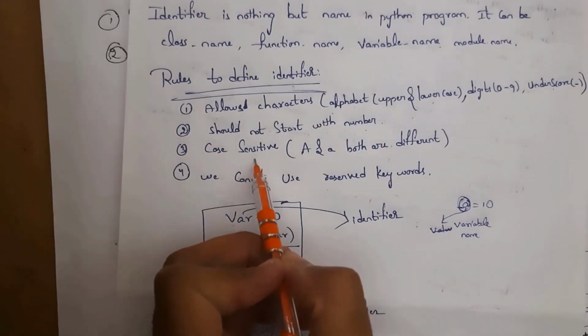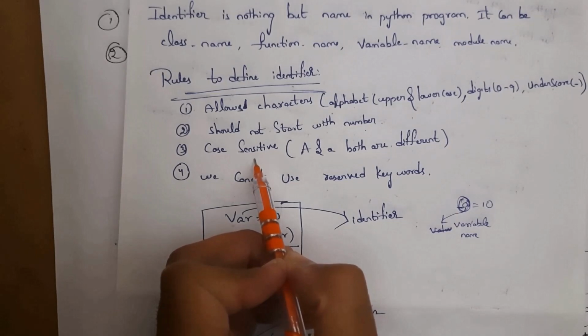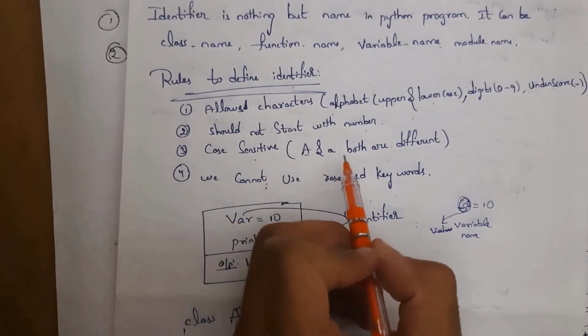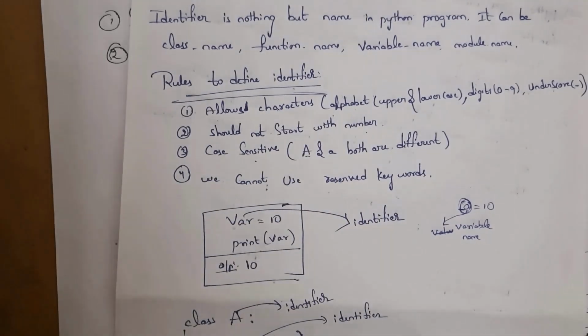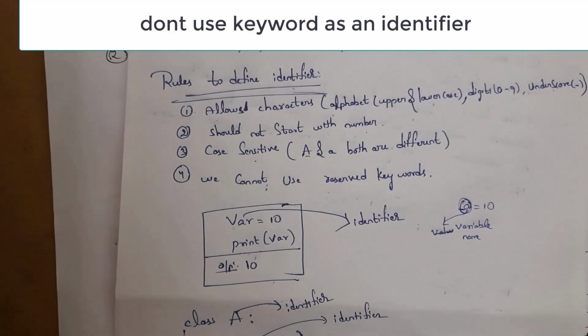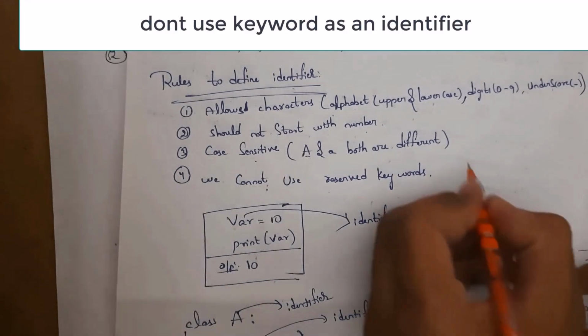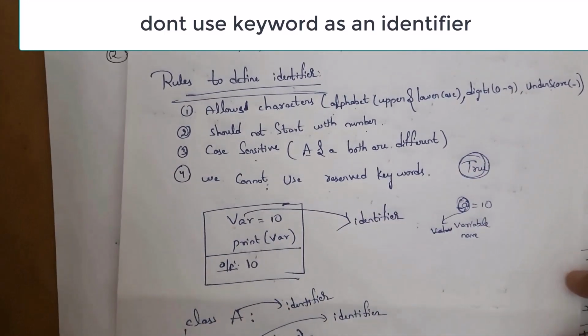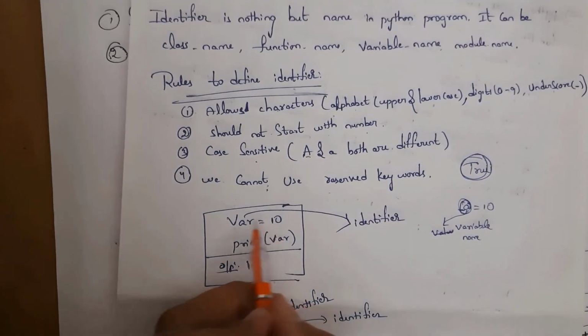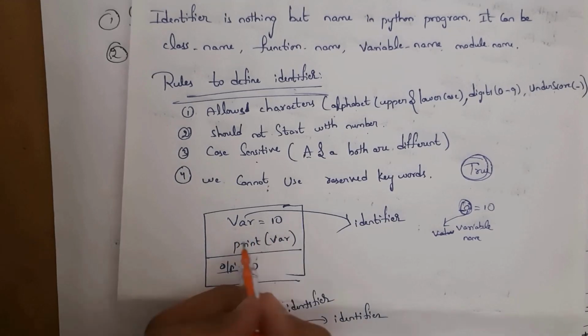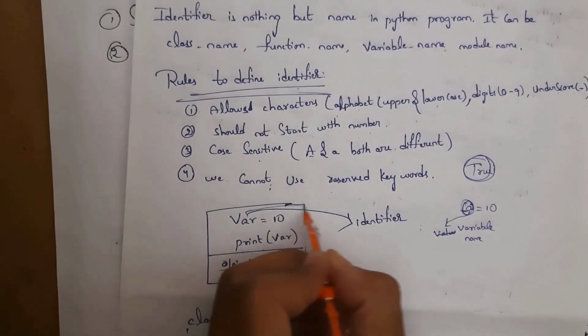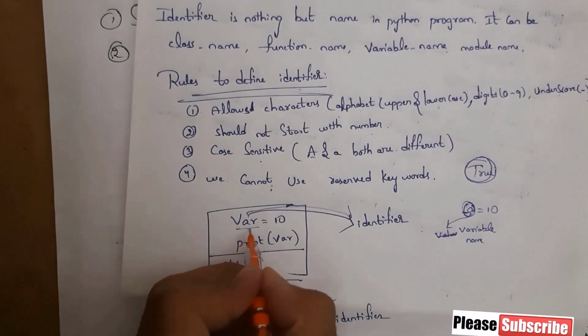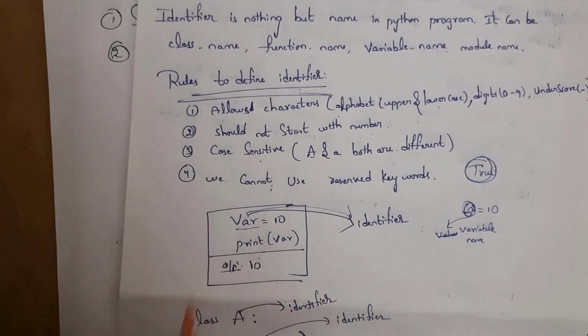I already said before, Python is case sensitive, that is, it will treat capital A and small a differently. And the last rule is that we should not use reserved keywords. There are some keywords like True. This True is a keyword, and you should not use it as a variable name. Here I wrote variable equal to 10, that is var equal to 10, print var, where var is an identifier. Because this is a variable name, we call this variable name an identifier.